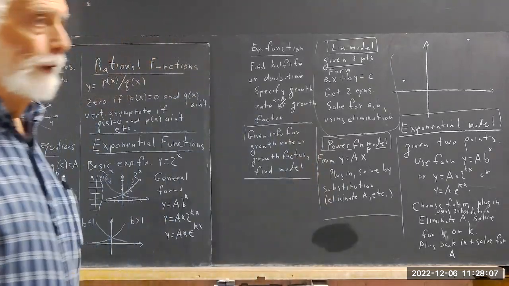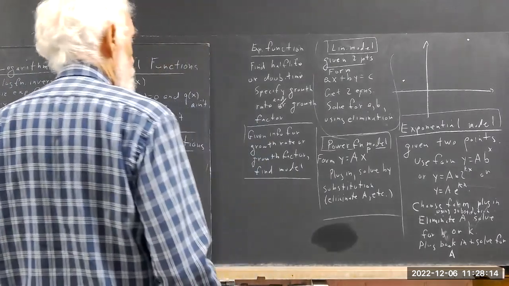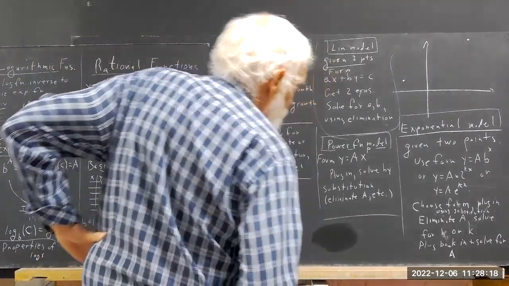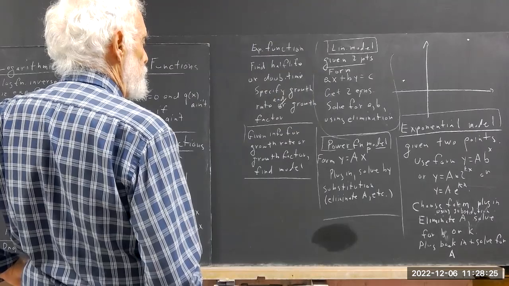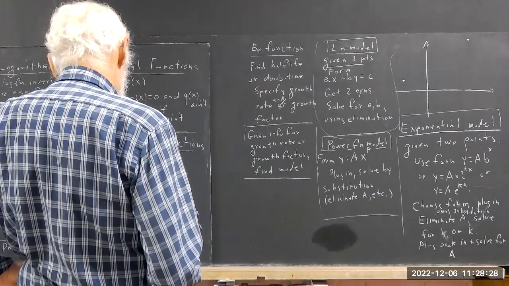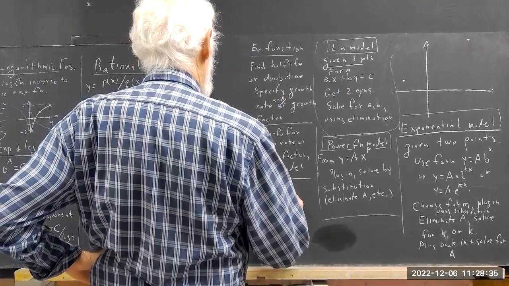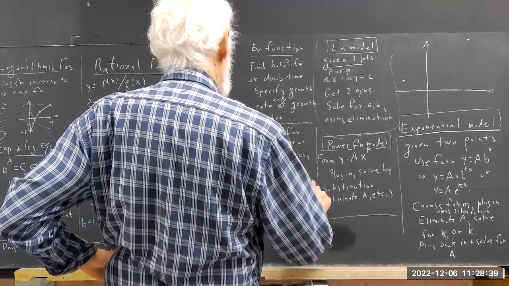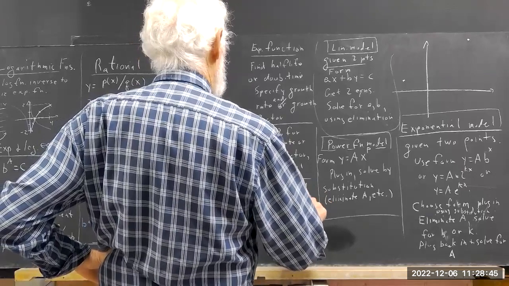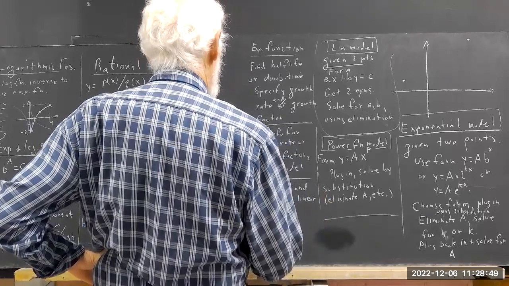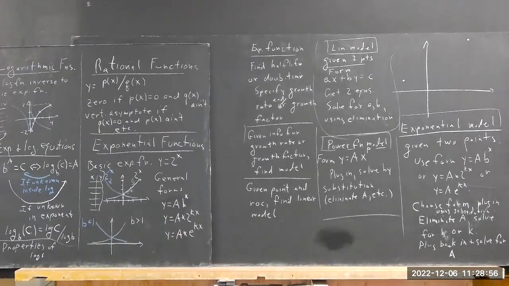Given information for growth rate or growth factor, find your model. Given a point and rate of change, find your linear model. Rate of change is just your slope.